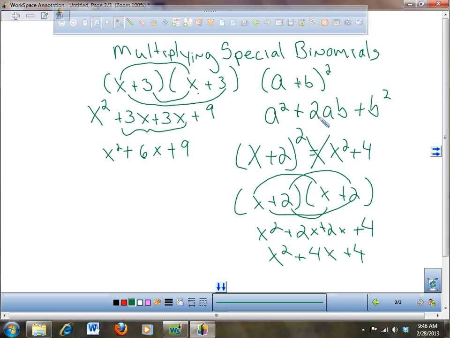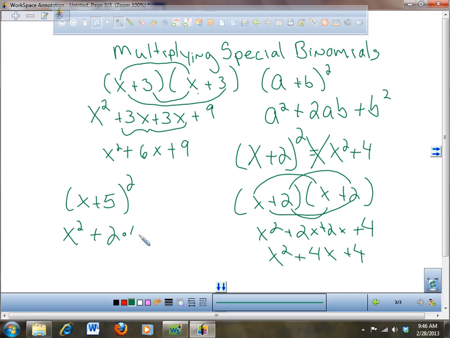But there's a shortcut, right? Instead of multiplying this all out, let's do this one, x plus 5 squared. All I have to do is, this is what the formula says, take the first thing squared, plus 2 times this times this. So what's this times this? 5x.